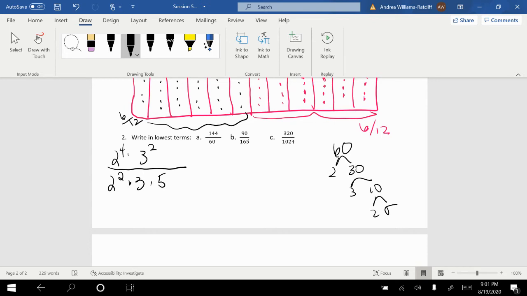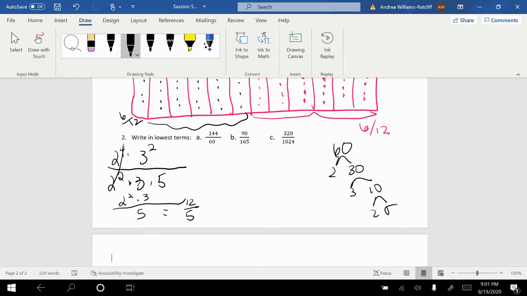Okay, now when I look at that, I have 2 factors of 2 that can be canceled out. Okay, and then I have 2 squared left in the numerator. I have 1 power of 3 that can be canceled out. And then there isn't much I can do with 5. Okay, so if I look at this, I have 2 squared, which is 4, times 3, which is 12 fifths.